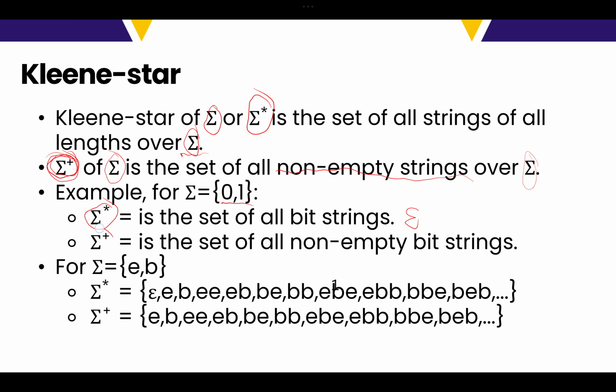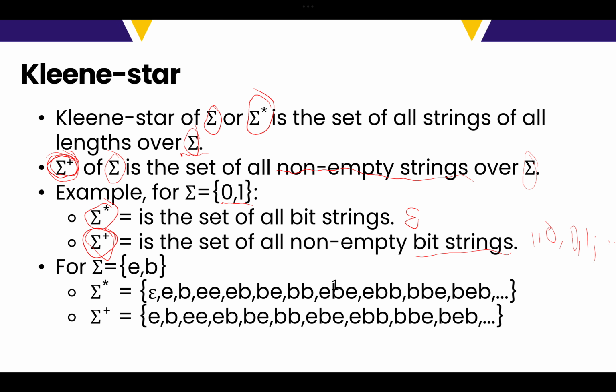While the positive closure of sigma is the set of all non-empty bit strings. So tanan jud, empty, 0, 1, unsa pa na diha, and so on. Okay, tanang mga combination sa 0, 1 of all lengths mao na ang Kleene star, while the positive closure of our alphabet is tanan nga mga concatenations of all length except the empty string.